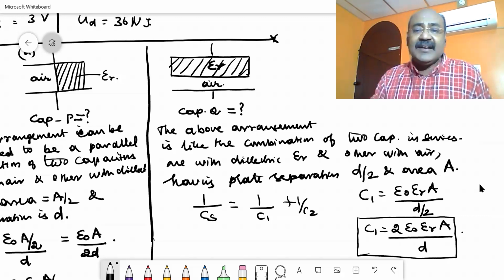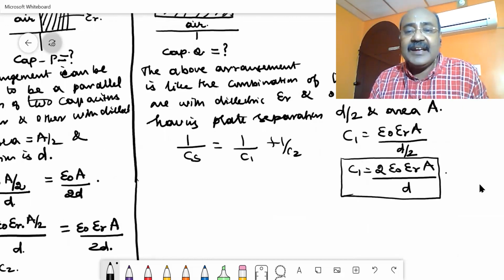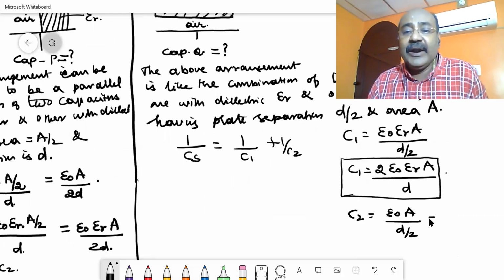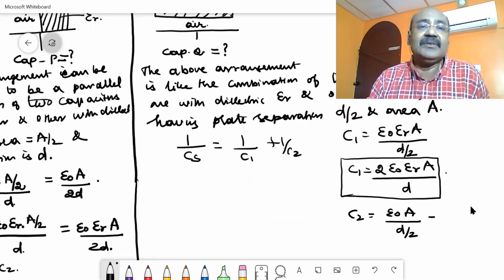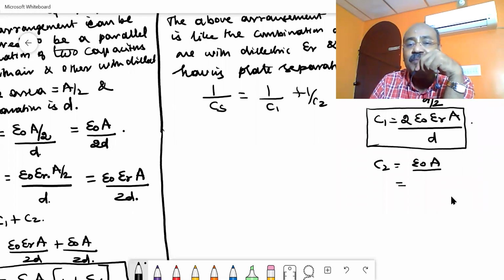So C2 is equal to epsilon 0 into A divided by D by 2, which is equal to 2 into epsilon 0 into A divided by D. So this is the value of C2.